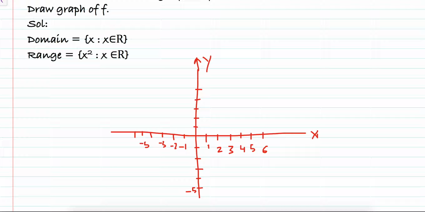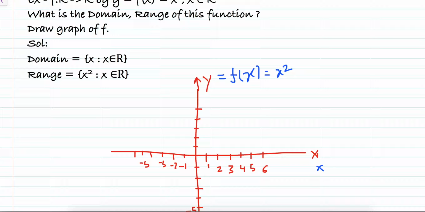So to plot we have to find y. On this axis we will plot f(x), which we have defined as x square, and on this axis we will plot x. So here we have x and here we have y is equal to f(x).